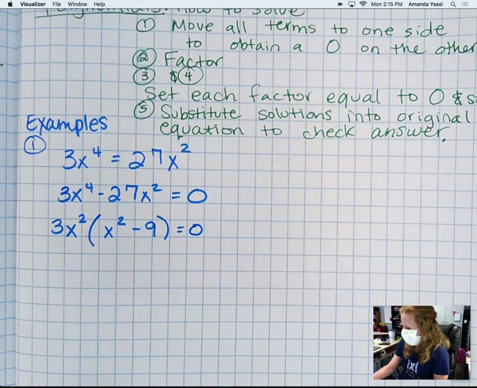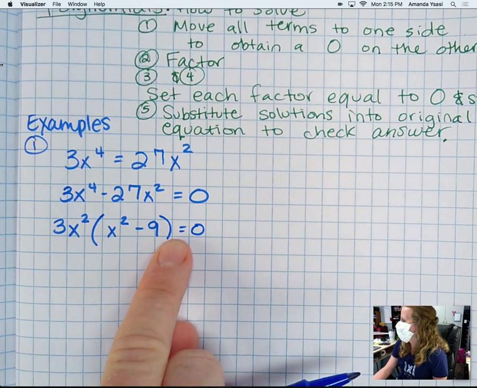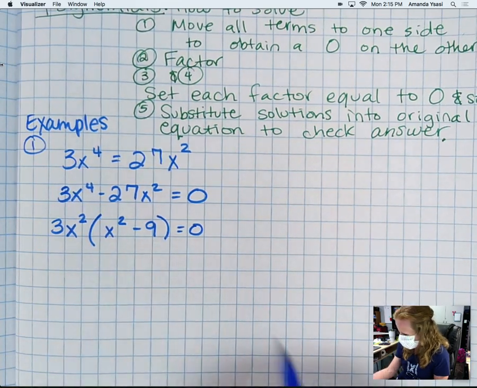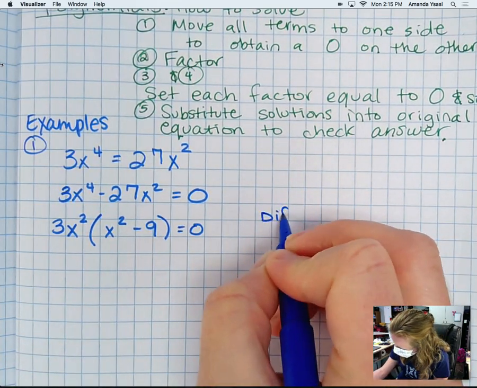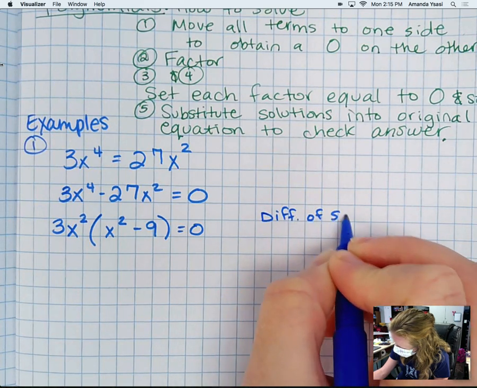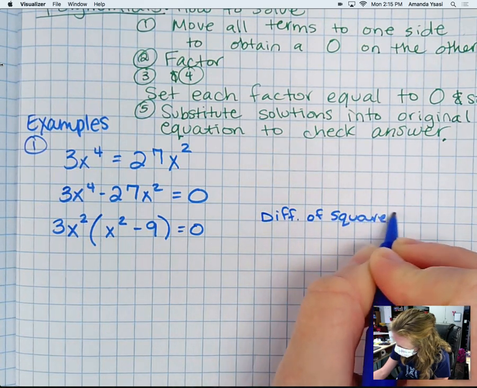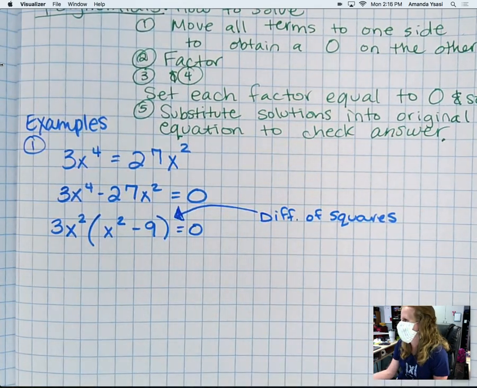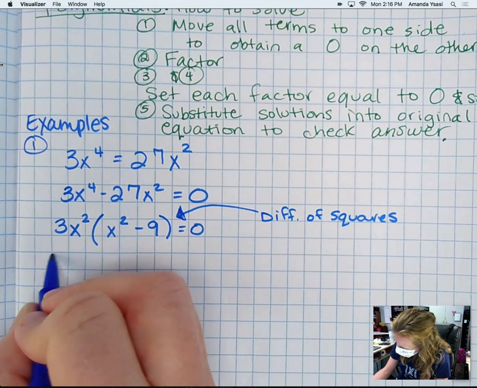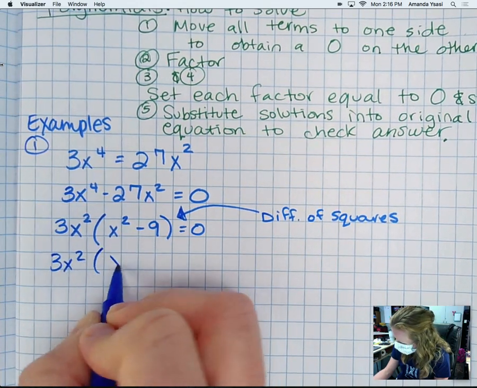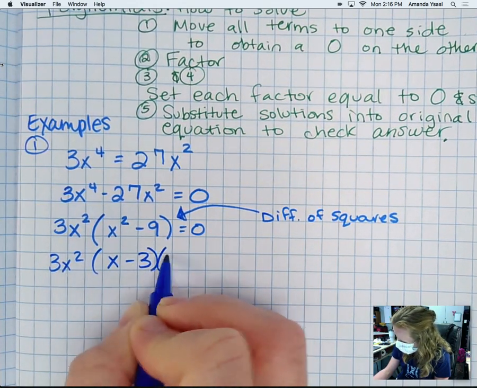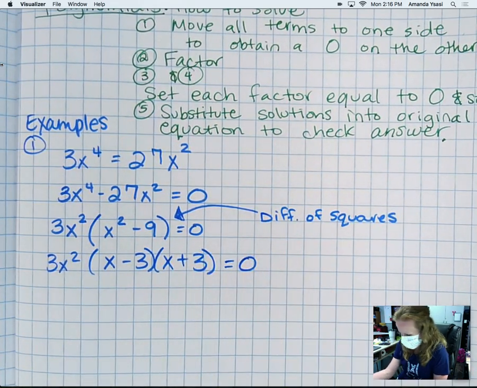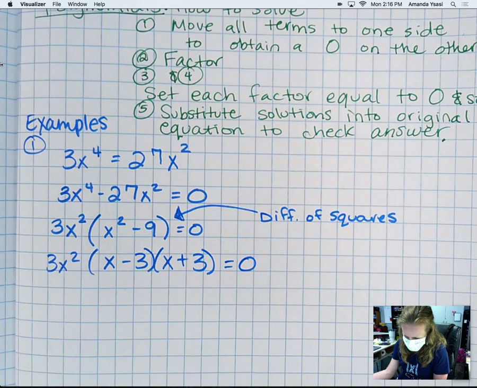Okay, we can still factor because this is a difference of squares. They're both squares, and it's a subtraction between them, so it's difference of squares. So then we have 3x squared, parentheses, x minus 3, x plus 3 equals 0.